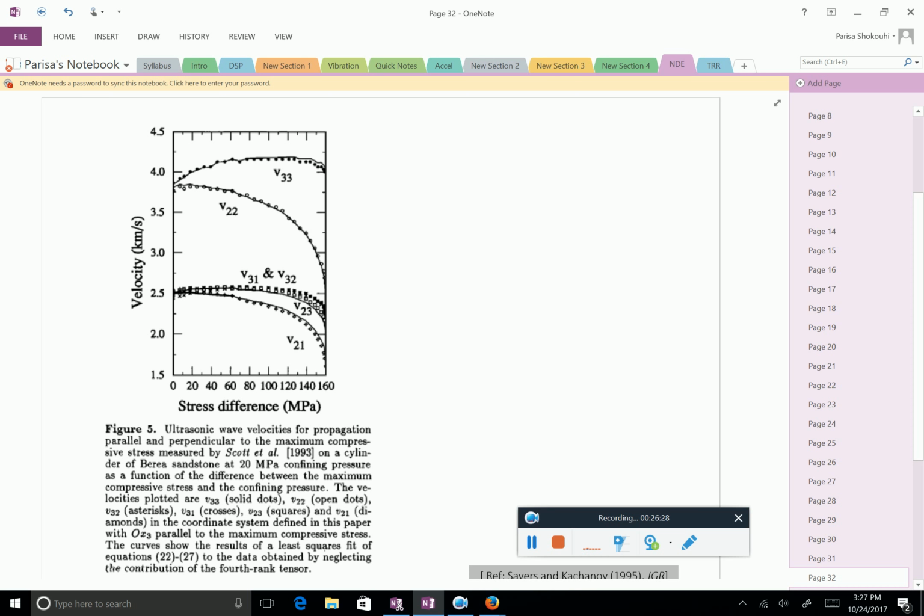And then you have 3,2 and 3,1. So here, for Vij, maybe it's good to write this: the first one is particle motion, and the second one is the direction of propagation.